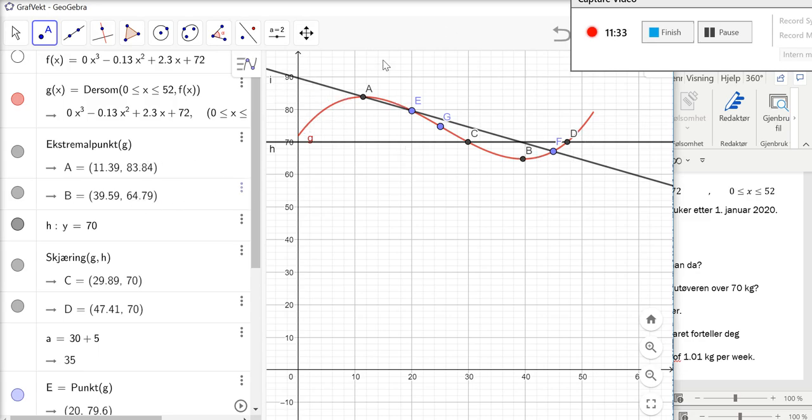And then you can find extreme points, you can find when it's above or equal to 70 and so on, and find average rate of change and instantaneous rate of change. So there is one exercise in each booklet which is kind of the same as this. So try and do those exercises in the booklet.